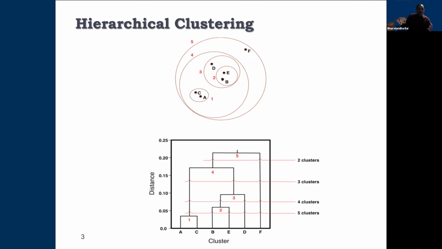If we allow slightly more distance, then you can see D is close to B and E. So this circle has 3 companies in it. It starts with 2, goes to 3, and so on. By the time it reaches cluster number 5, every company in the circle is part of the cluster.